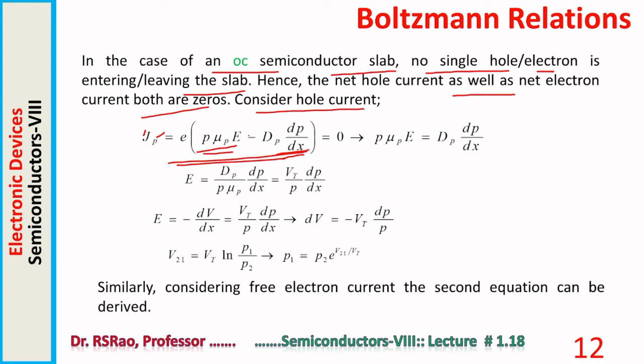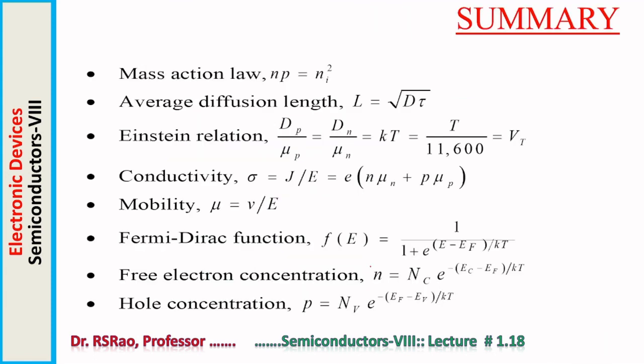From this, E can be solved, and a little manipulation leads to E equal to minus dV by dx. From this, dV equals minus Vt dP by P. Performing integration gives P1 equal to P2 e power V21 by Vt. So this is a small derivation pertaining to Boltzmann's relations.